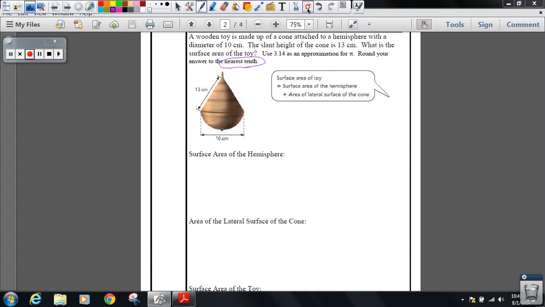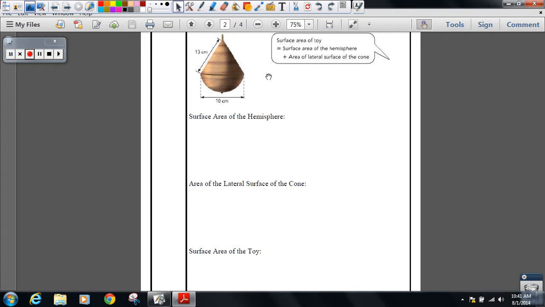So we are going to have to find the surface area of each part, and then once again we'll add it together. So the surface area of a hemisphere, well, we know a sphere is 4 pi r squared. Well, a hemisphere is half of that. So that's half times 4 times pi, which we are using 3.14, times the radius squared.